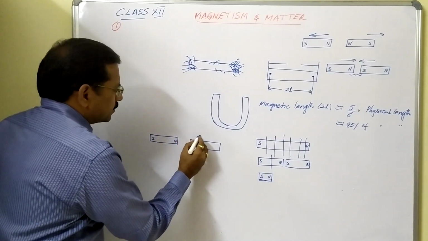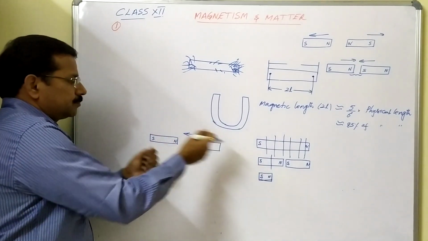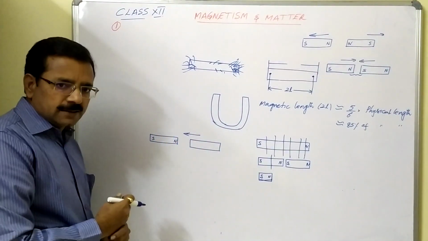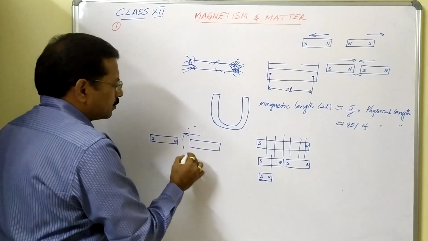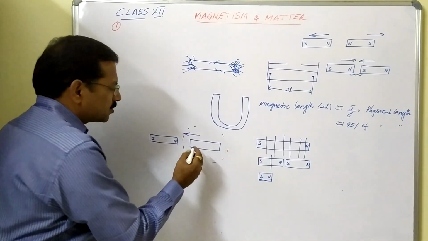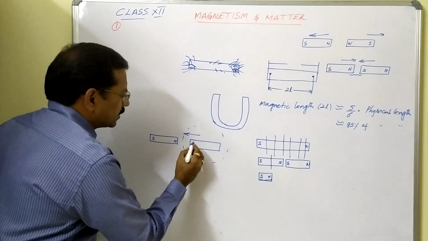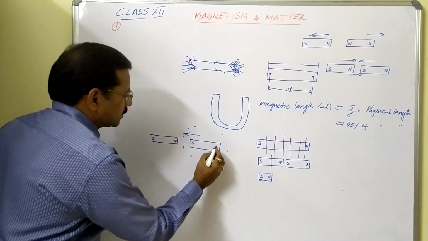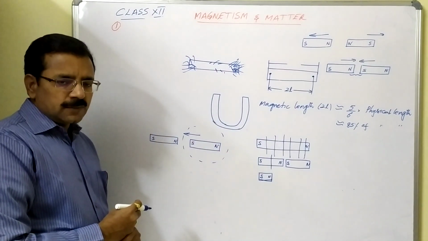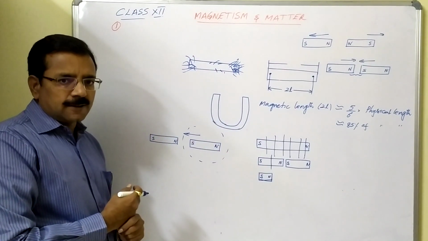If you notice this material is being attracted by this magnet, to what conclusion do you come? Can you say that this is a bar magnet with this end acting as south pole and this end acting as north pole? There is a possibility for that.